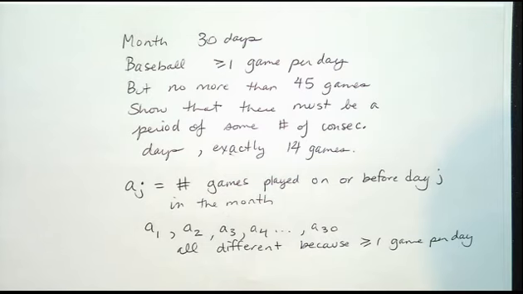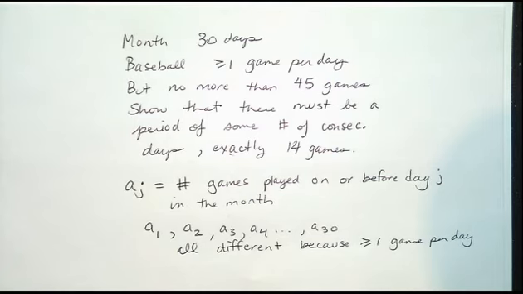Okay, now what are we actually looking for when we ask this problem? If we're looking for a period of some number of consecutive days where there are exactly 14 games, then we're looking for one of these numbers to be exactly 14 more than one of the other ones, right?